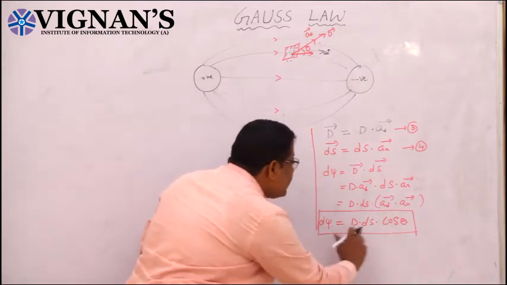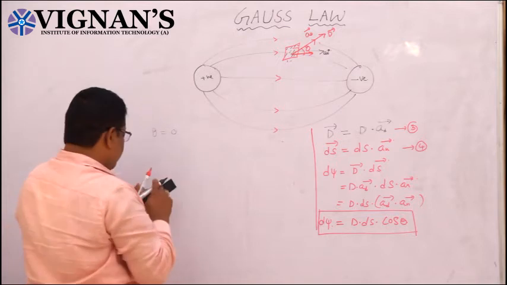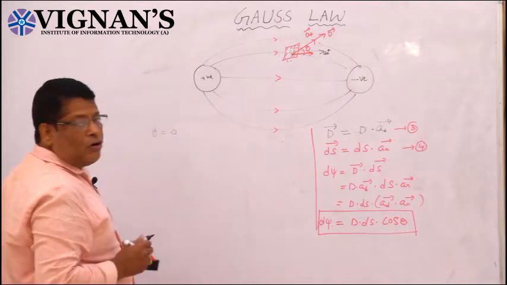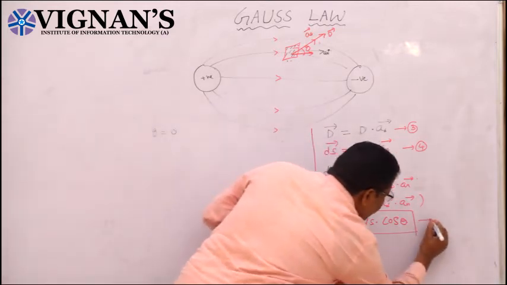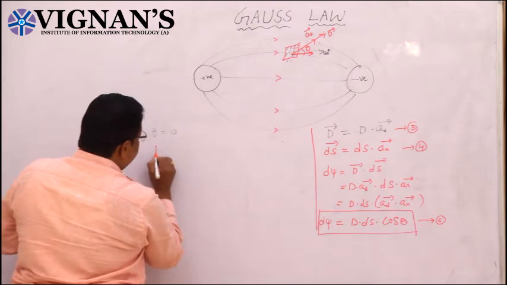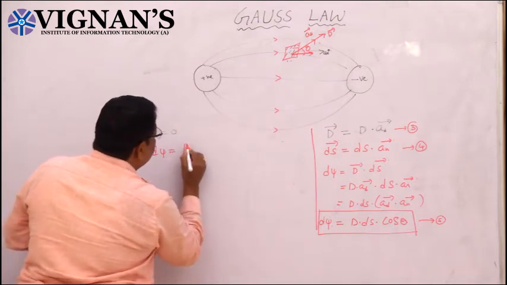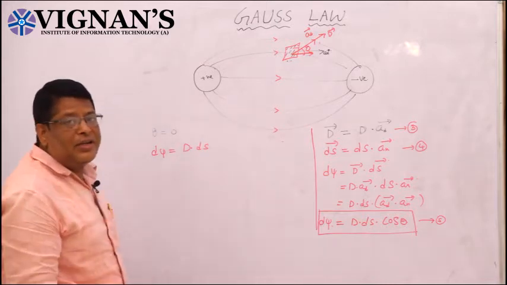Now when theta equals 0, equation 5 becomes d psi equals D into dS, since the cos theta value becomes 1.